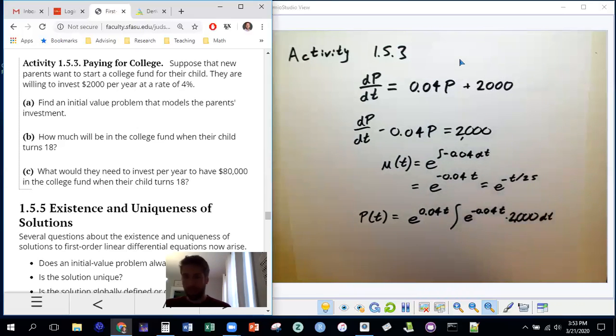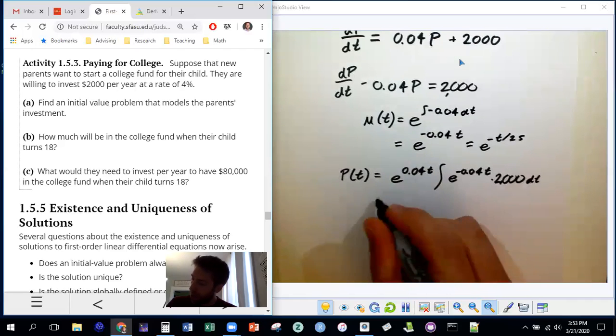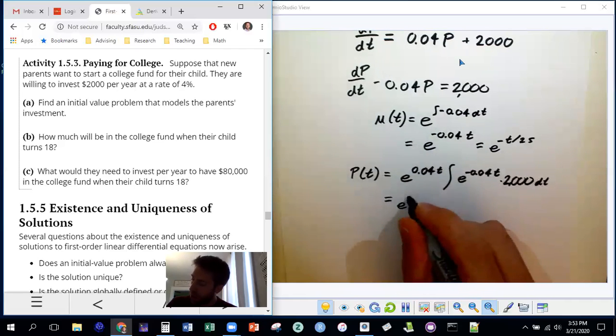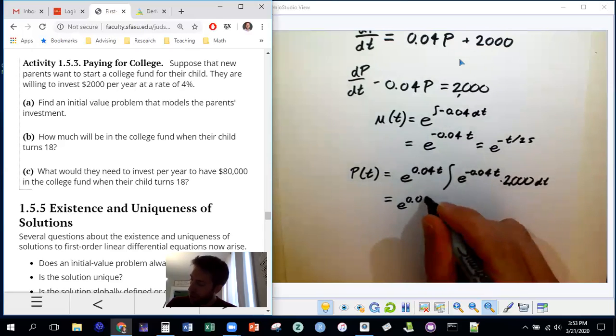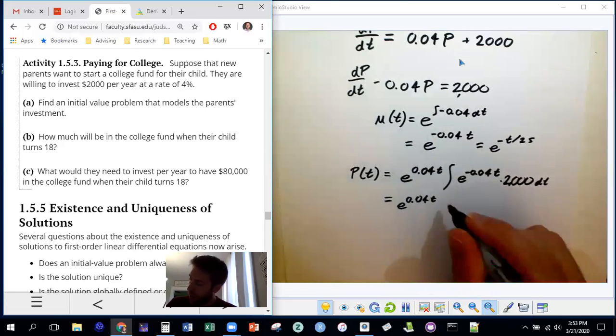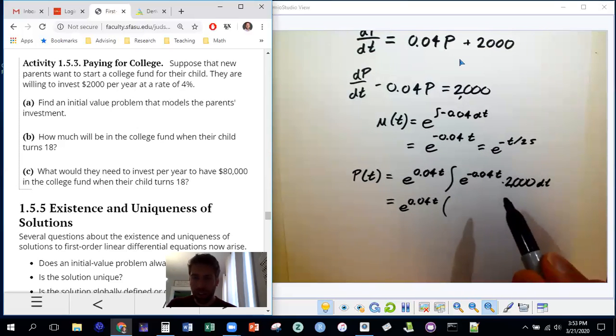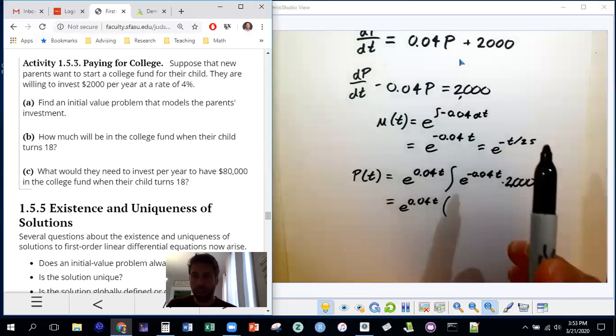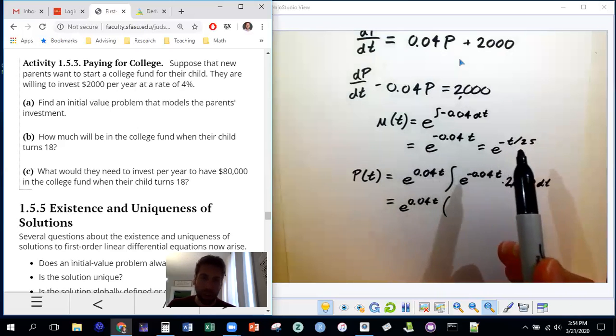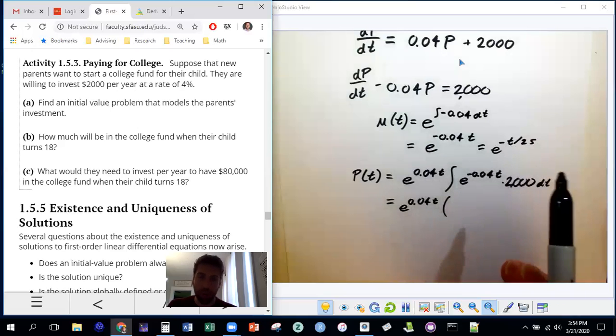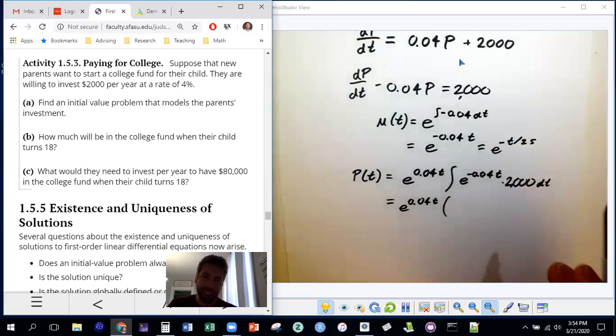Well, that's not too bad of an integral. So that's equal to e to the 0.04 t times, actually, maybe the fraction is nicer. If I'd written it like a fraction, then dividing by 0.04 is the same as multiplying by 25. See, that's nice.